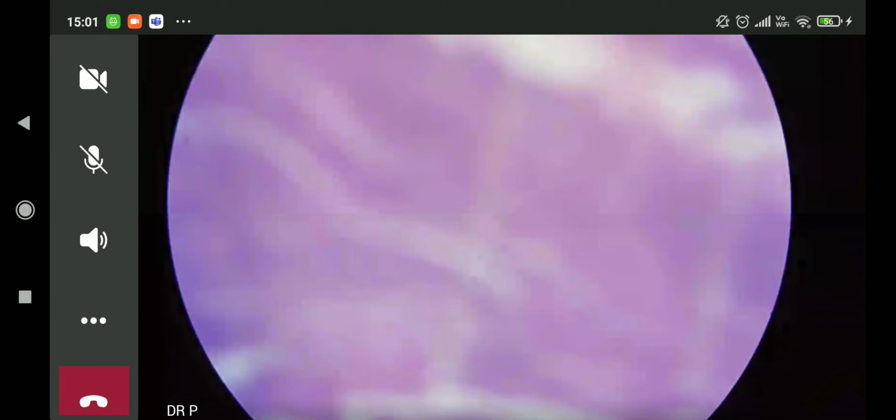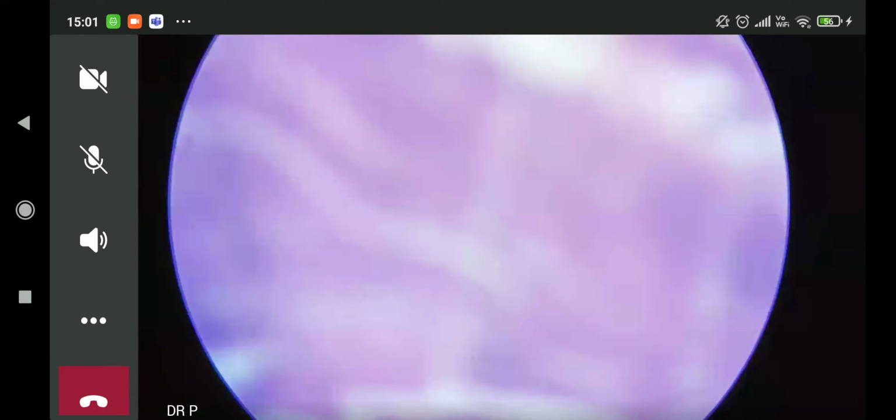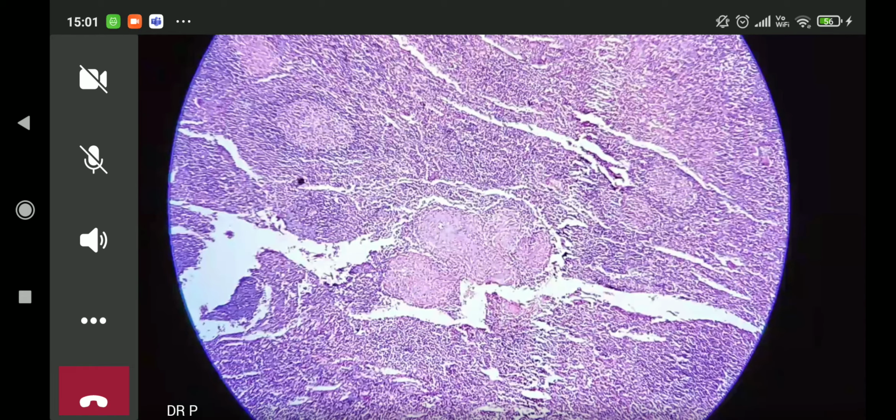Okay, so just look at this. This is something that hasn't been taught to you, but since it's so evident in this slide, I had to talk to you about it. Look at this, right? So you may say, but this is also surrounded by lymphocytes. Sure, it is. I agree with you. But look at the kind of color you're getting in the rest of the lymphoid follicles. See, this one is a normal lymphoid follicle. This one is a normal lymphoid follicle.